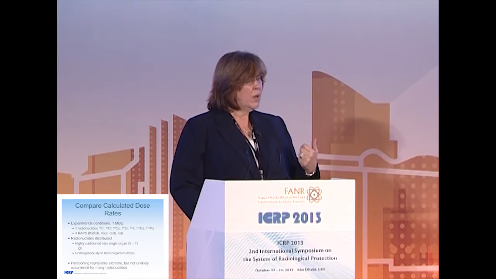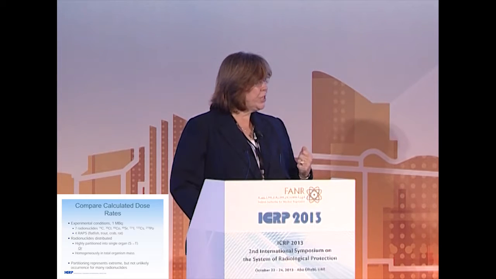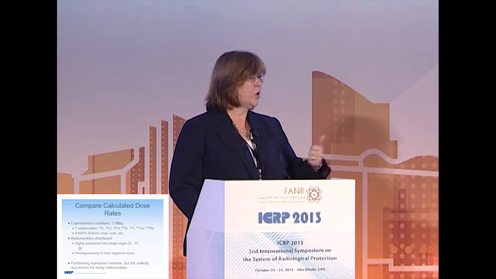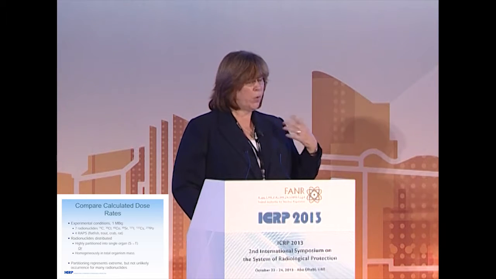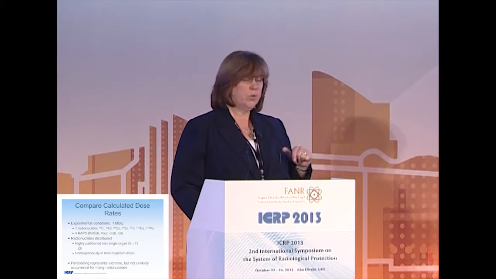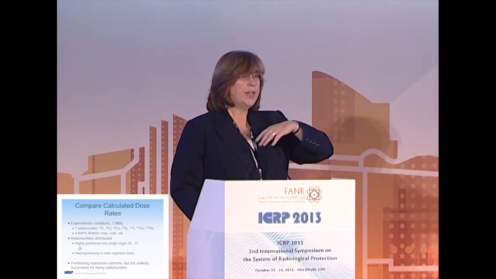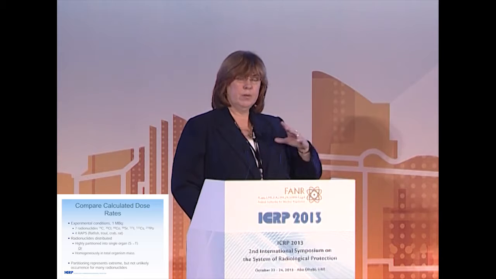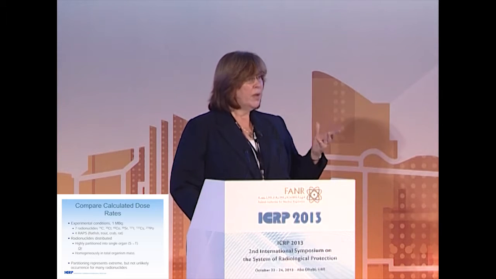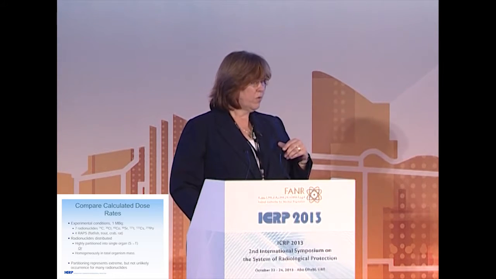In one case, the radionuclide is very highly partitioned into a single organ. So this gives you the source to target sort of arrangement that you may be familiar with in doing human dosimetry. The alternative is to take that same activity and simply distribute it in the entire mass of the organism and then compare dose rates. Okay.